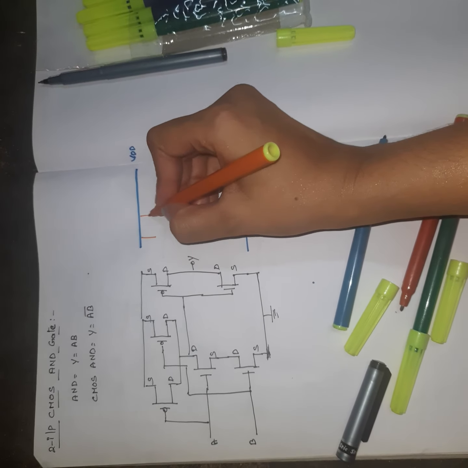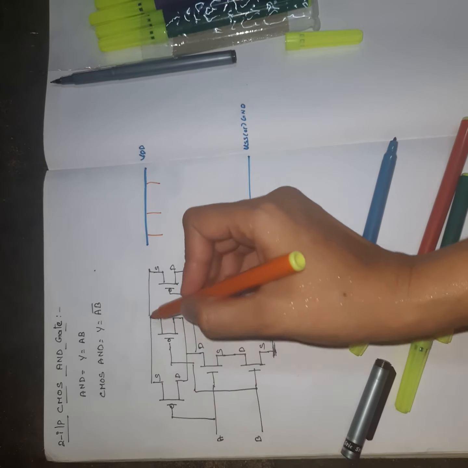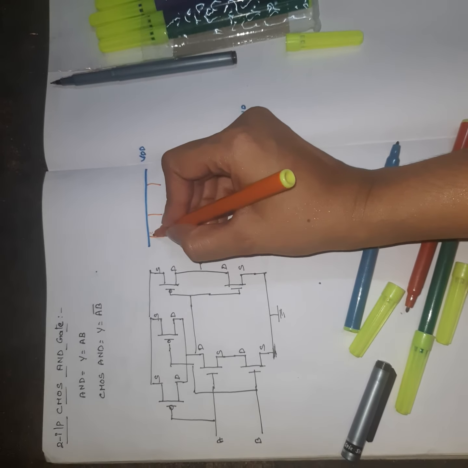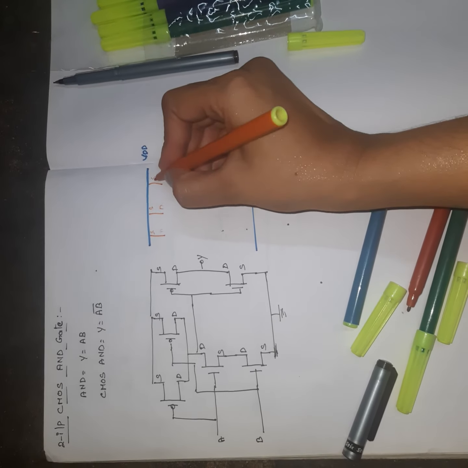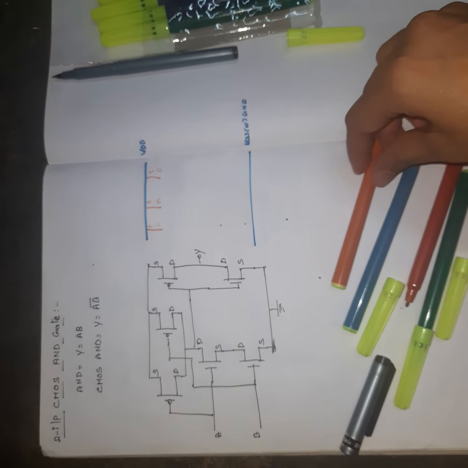So 1, 2, 3. So see, source and drain, source and drain, source and drain. So indicate this is source, drain, source, drain, source, drain. So P diffusion completed.